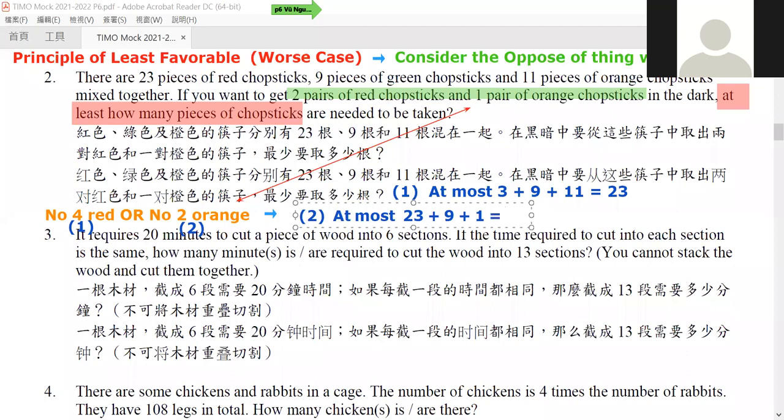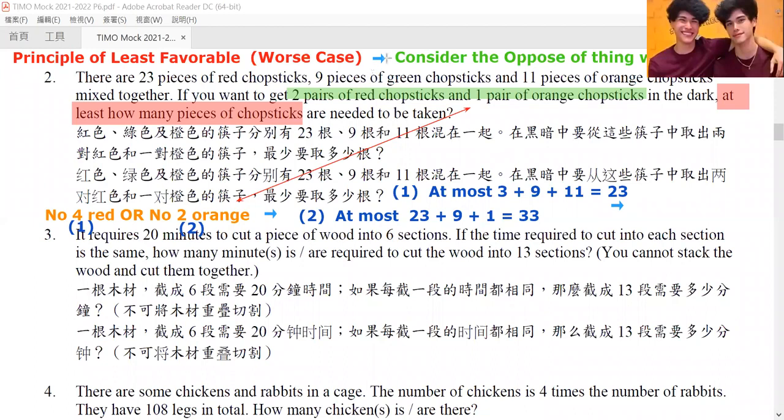So combined together it will be 33. So which means that if you want this to happen, you can take at most 23 or you can take at most 33. So what's the largest of it? The largest of it is 34.